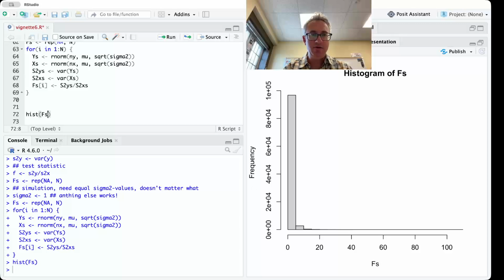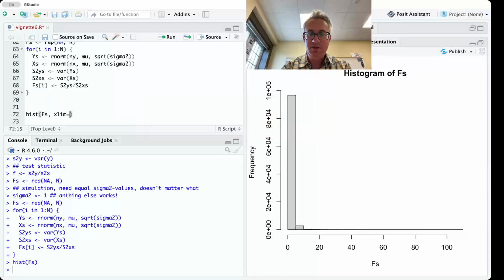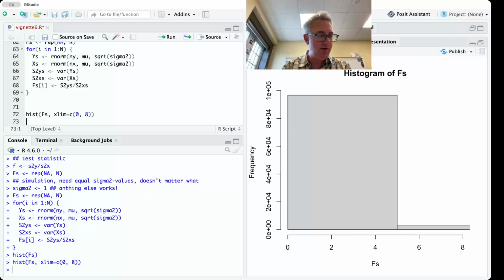I like to focus this histogram on the part of it that really has some shape, which in this case is going to be between 0 and 8. In fact, it's always going to be in that range, but you have to also change this part of it to show just the part of the histogram that's less than 8.